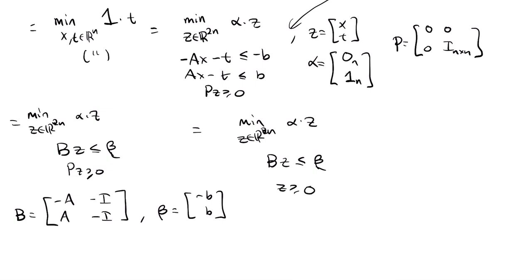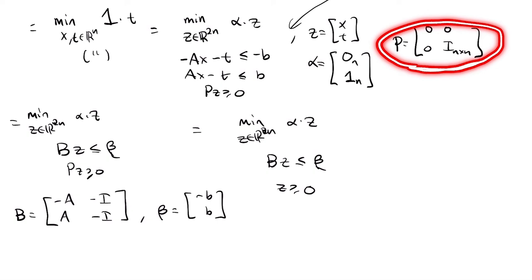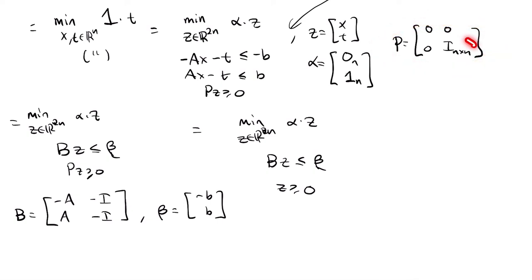Why can I do that? So remember that p is given over here. So it says I'm going to constrain the second component, in other words, t that we were looking at, to be greater than or equal to 0, but I don't have any constraint on x, what we're calling x.